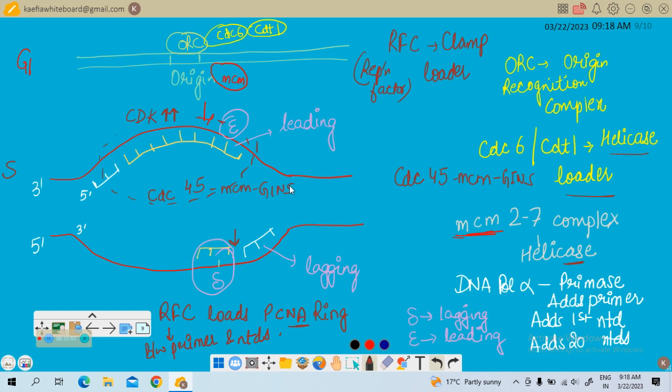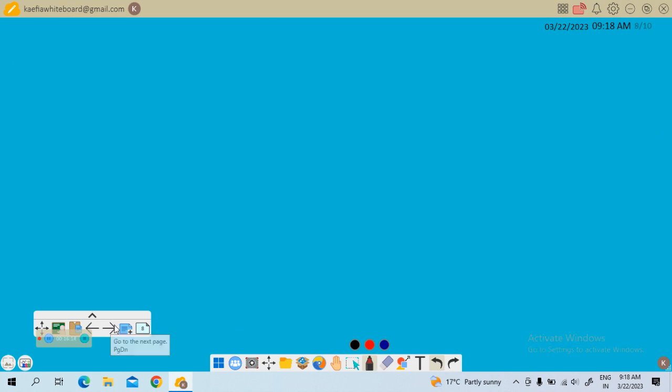So this is done at the beginning of S phase. Okay, so now this whole machinery replicates and carries forward the process. So this was about initiation in eukaryotic replication.